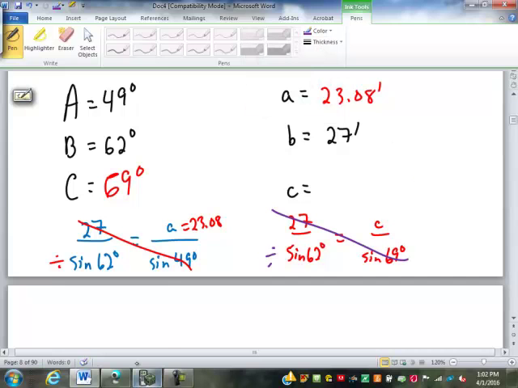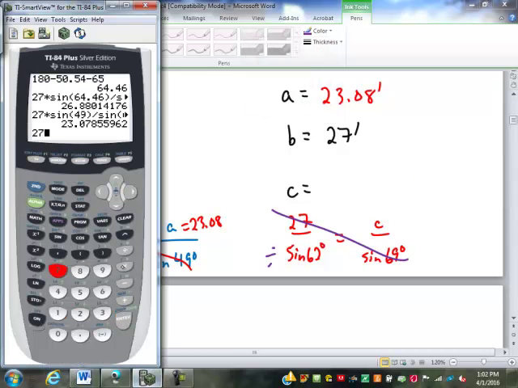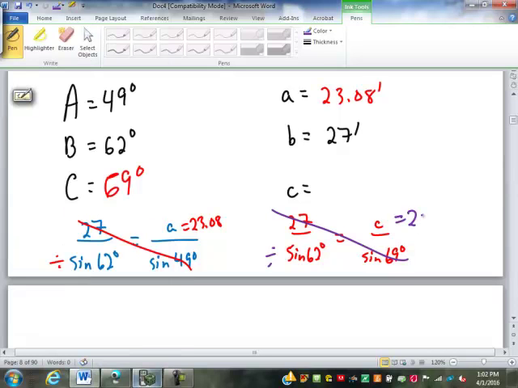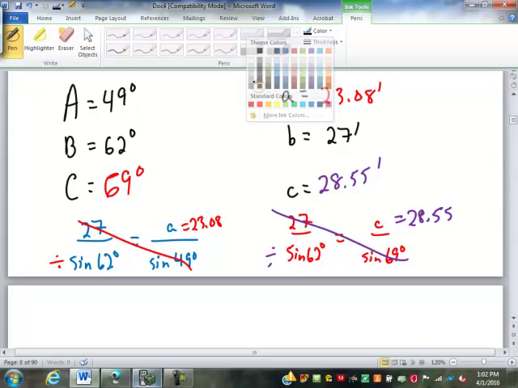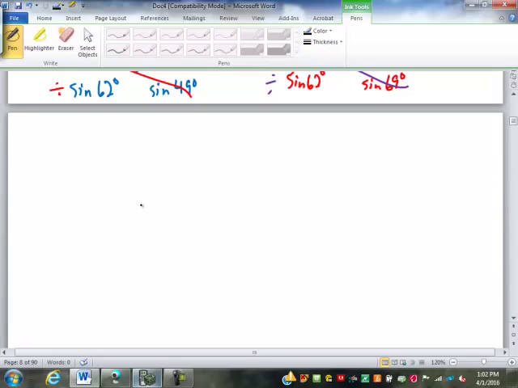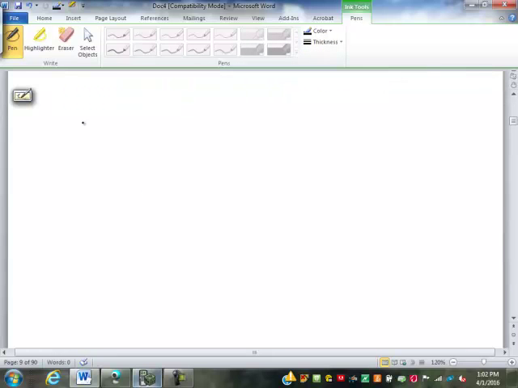So cross multiply and divide, 27 times the sine of 69 divided by the sine of 62. 28.55. How many of you had all that? Perfect. Let me give you another one.